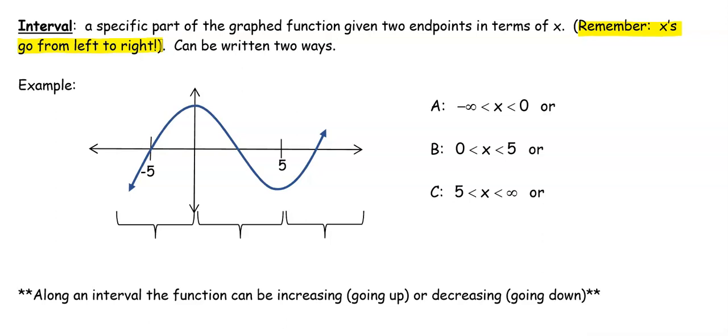So we have our first interval here, right here. And when I look at this interval, going left to right, there's my line. So if you ask yourself, what is happening in interval A?